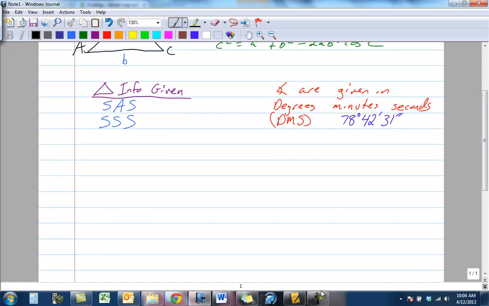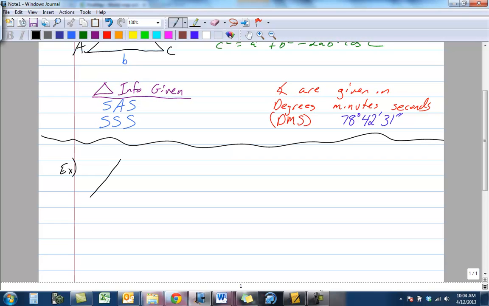So let's get into our first example. Our first example is, draw a triangle, and we'll call this ABC. And I'm going to give you, this is 22, this is 27 degrees, and this is 14.